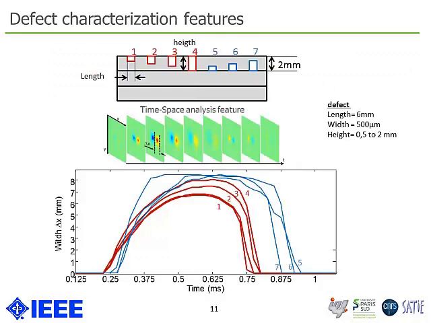Now, we could also consider extracting a time-space feature from this sequence of images instead of only time or only spatial. For example, you can try to evaluate the diameter of the magnetic pattern that appears due to the defect.